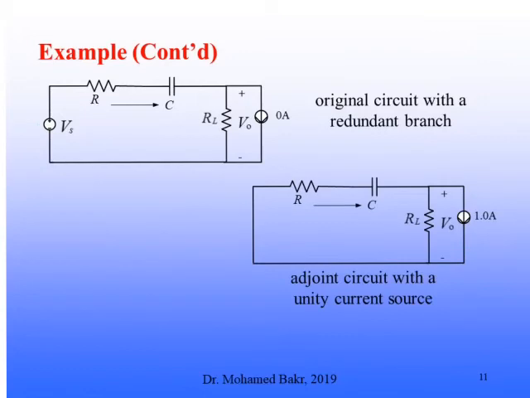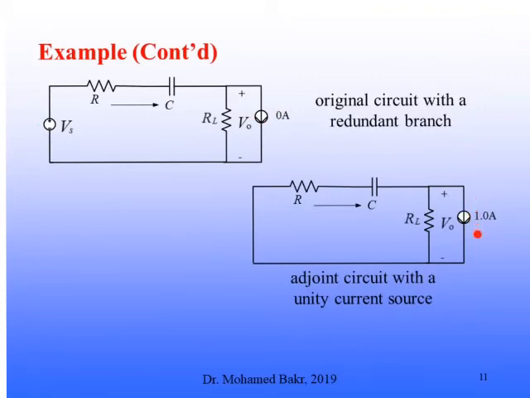So take a look at the trick that we have here. I would like to calculate the sensitivities of this voltage. So I created an artificial current source across it, with this orientation, of 0 ampere. It does not really change the original circuit in any way. But now V naught is the voltage across a current source. Then, as per the formula that I have given you, I can put this current to be equal to 1 in the adjoint circuit.